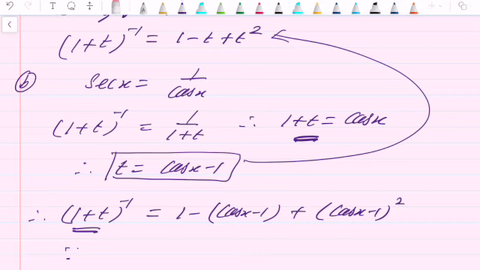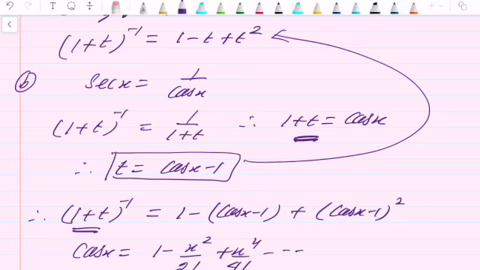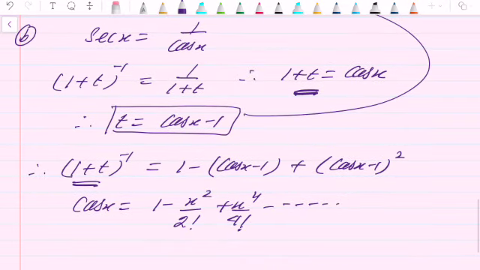Since the Maclaurin expansion of cos x from the formula booklet is 1 minus x squared by 2 factorial plus x4 by 4 factorial and so on, we plug in: 1 plus t raised to power -1 is nothing but secant x.